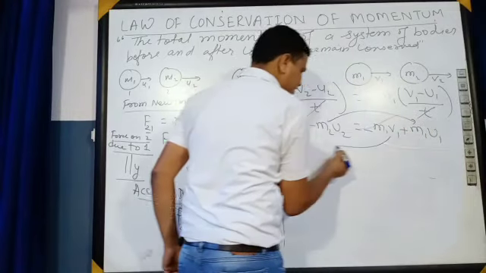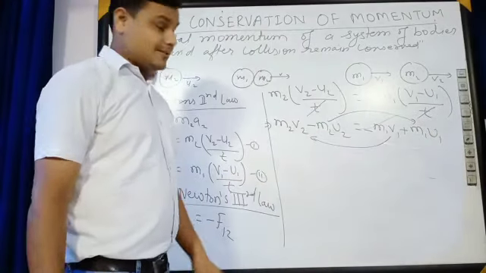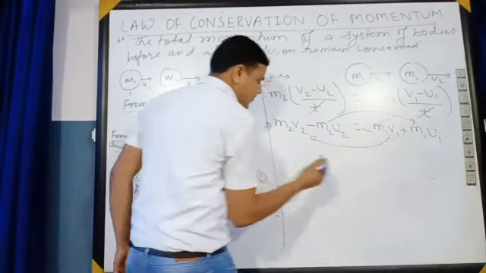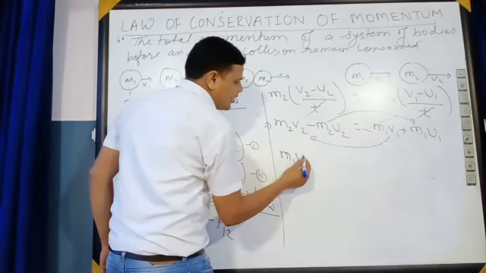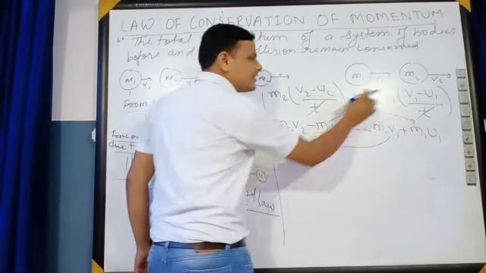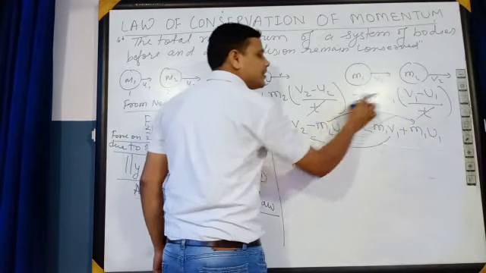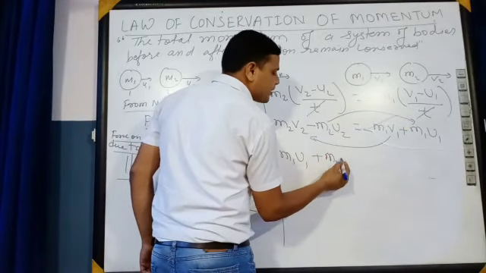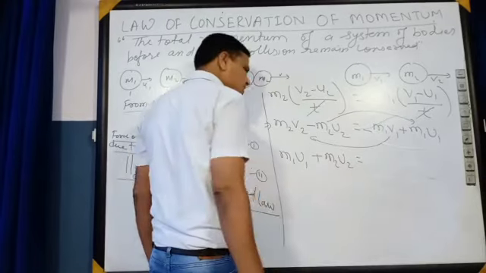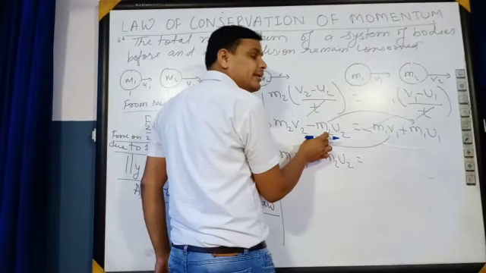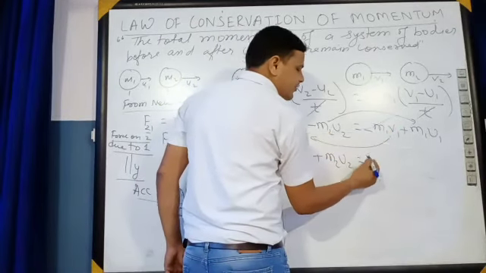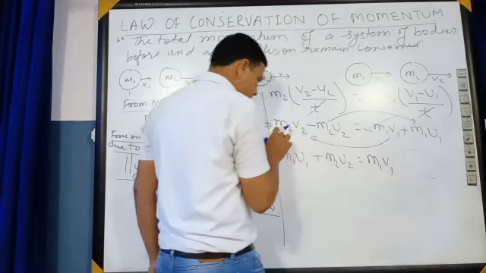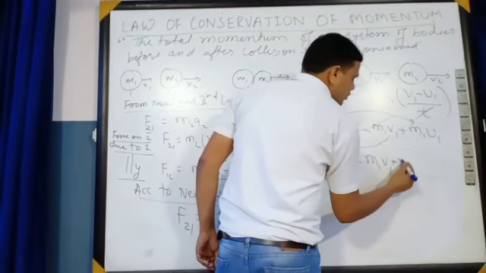Transfer m1 u1 from RHS to LHS, and m2 u2 from LHS to RHS. It is negative, so it will become positive, and m2 v2 is already there.